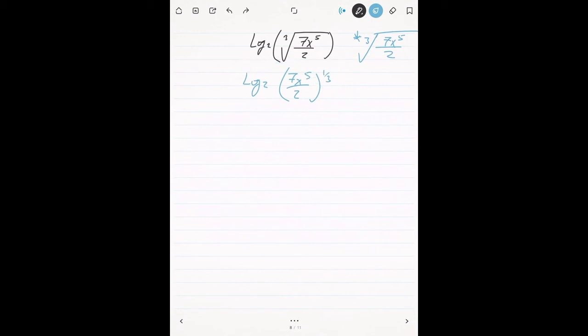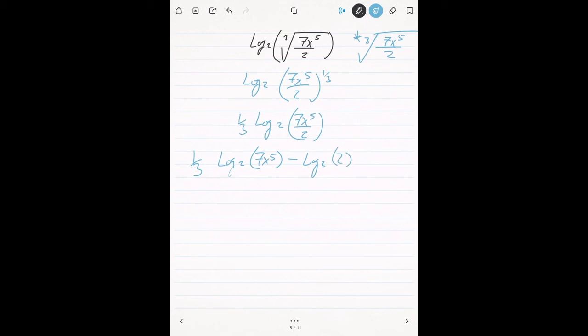So let's move that 1/3 out to the front, and we still have log base 2 of 7x to the 5th over 2. Now, before I can start working with things individually, I better split up the numerator and the denominator. So 1/3, I'm going to split it up into log base 2 of 7x to the 5th minus log base 2 of 2.